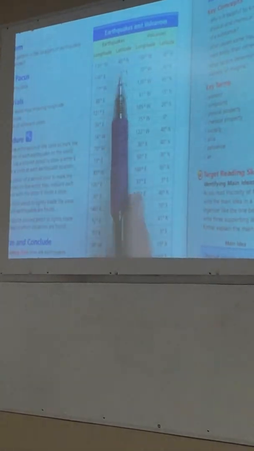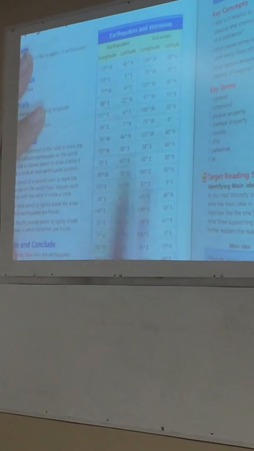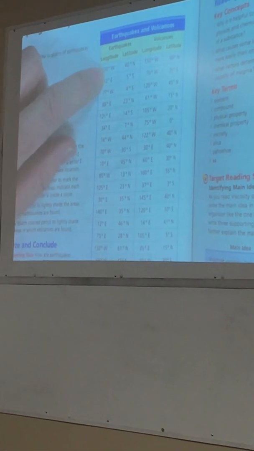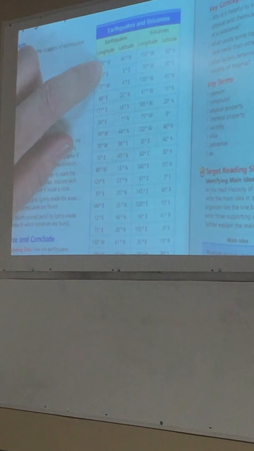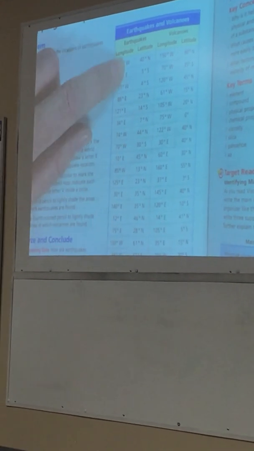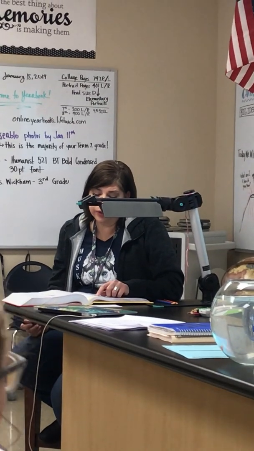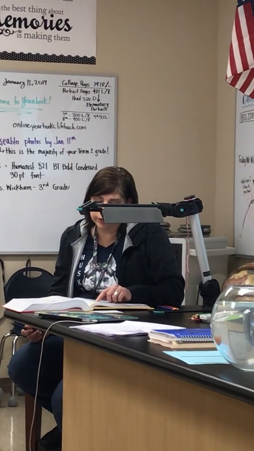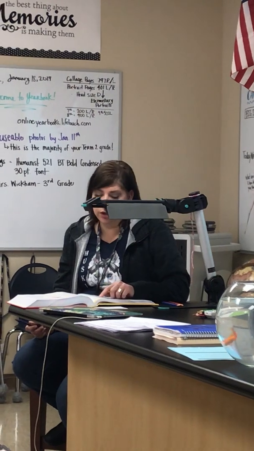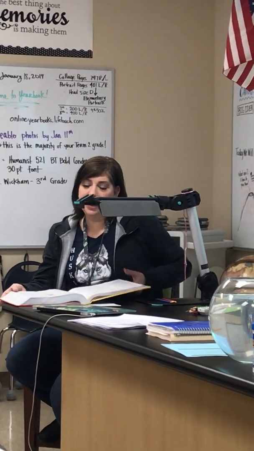Okay, so longitude, what do you notice about, it says however many degrees, in what directions? West. West or east, okay? And what do you notice about the degrees of latitude? Which directions do they go? North and south. So that can tell you which is latitude and which is longitude, okay?